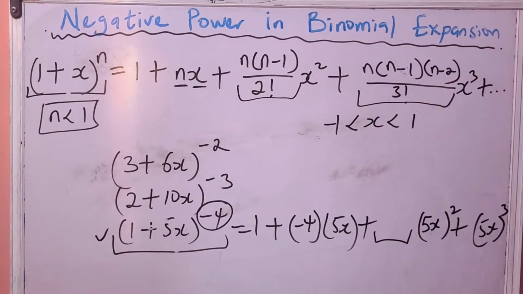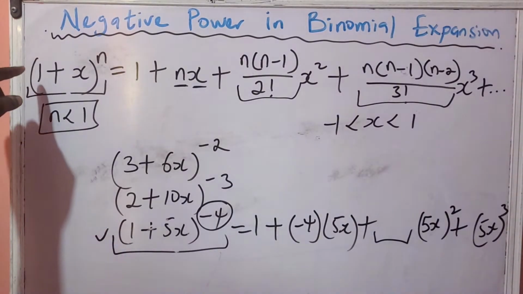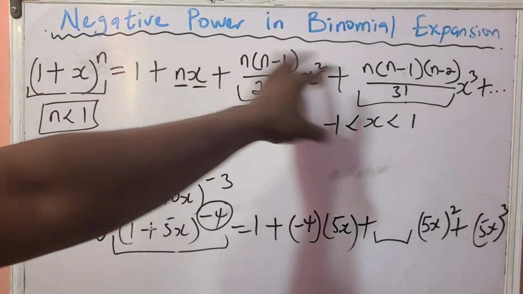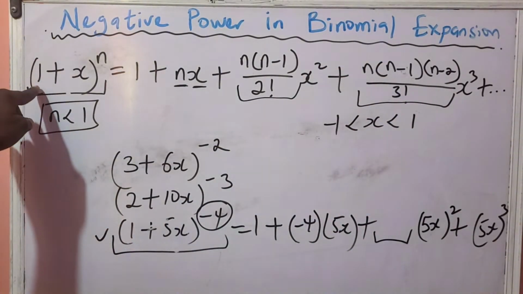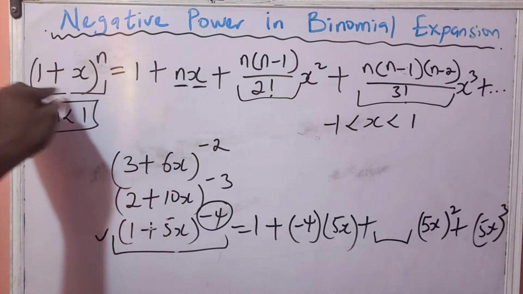Okay, good. Now, that is that about that. We go on now to take the next piece of the puzzle. You need to understand that, as I said initially, let me repeat. For you to be able to make use of this formula, you must always conform your expression to look like this.